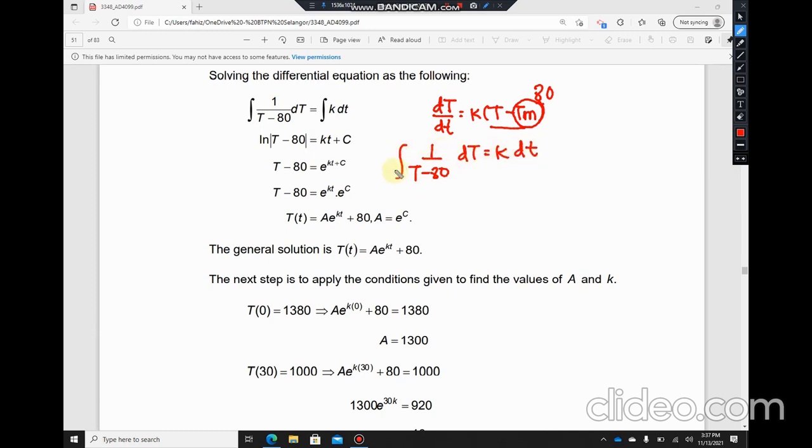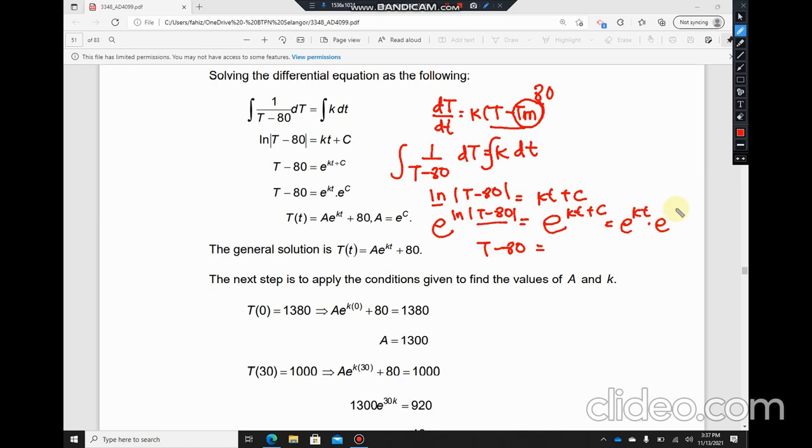Then we can integrate both sides: ln|T minus 80| equals kt plus C. To remove the ln, we put the exponential on the left and right, so T minus 80 equals e^(kt plus C), which equals e^(kt) times e^C, or A e^(kt), because you can write e^C as A, any constant.